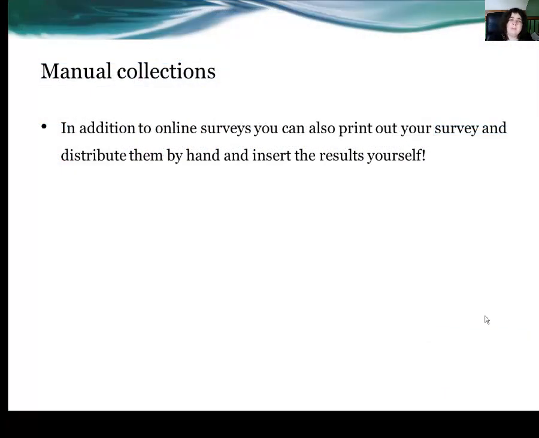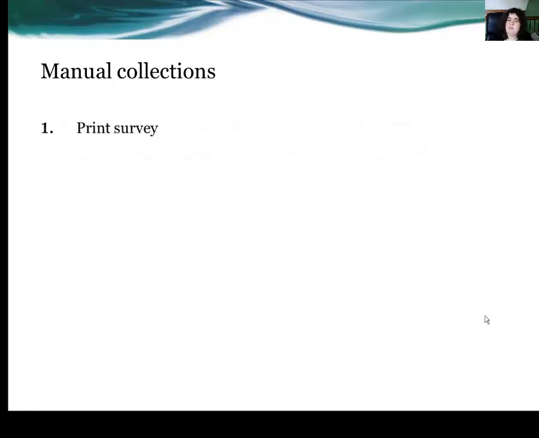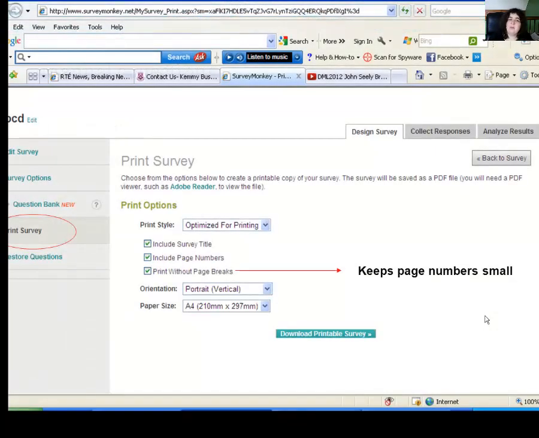I mentioned the manual collection previously, so you can print out your survey, distribute them by hand, and then insert the results yourself into SurveyMonkey. The first thing you do is print out the survey and gather the responses.